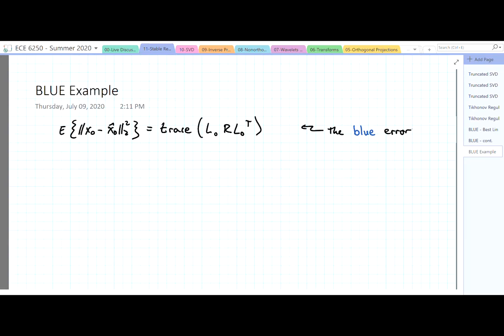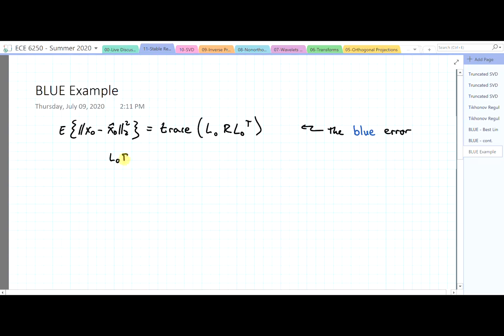Well, that's equal to the trace of, actually, I'm skipping a step.